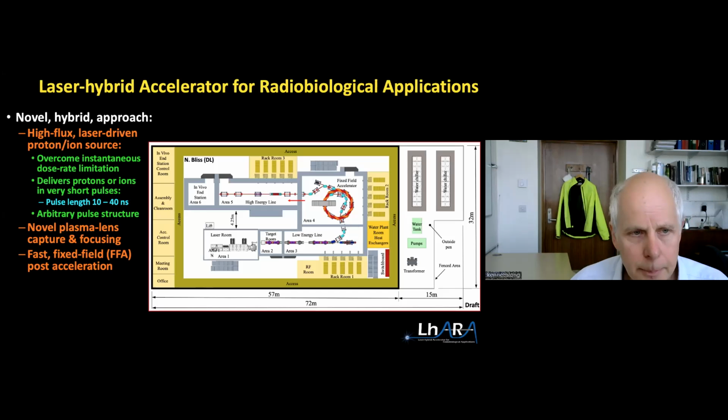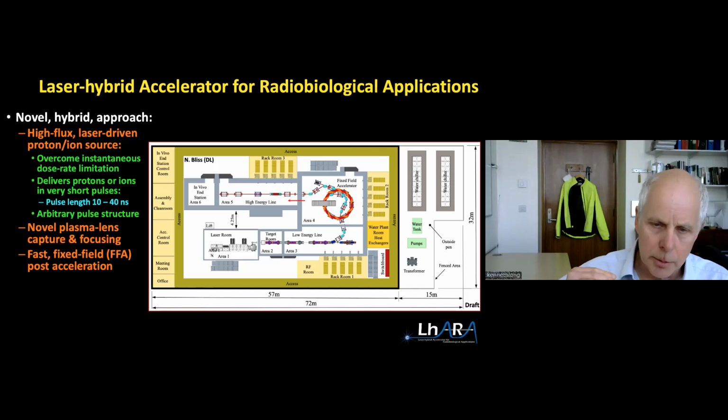Okay, so LhARA then. So what is LhARA? What we want to do is to take a novel, what we're calling a hybrid approach. We want to take a high power pulse laser and strike that into a thin target of an appropriate form, which then produces ions. So it's really the intense electric field inside the laser light which is accelerating the ions.